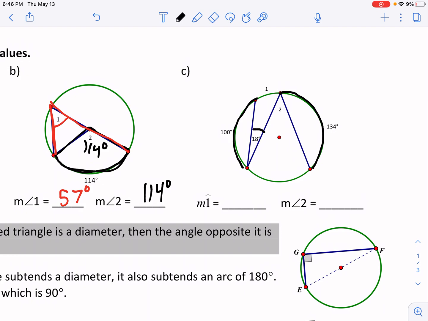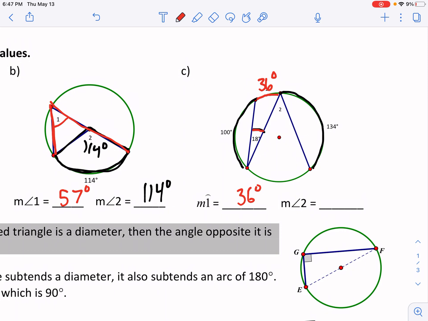And that's going to be half of the arc it intercepts, in this case, arc 1. So if 18 is half of arc 1, how do I find arc 1? Double it, right? Take 18 times 2, and we get 36 degrees. So this would be 36 degrees. Notice, if we take 36 divided by 2, we get back to our 18.